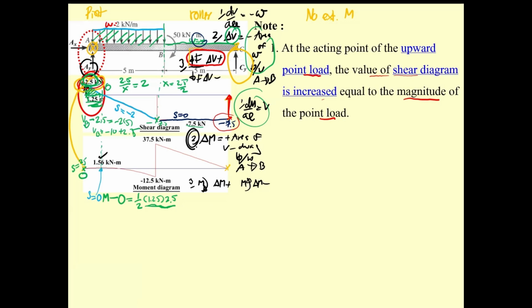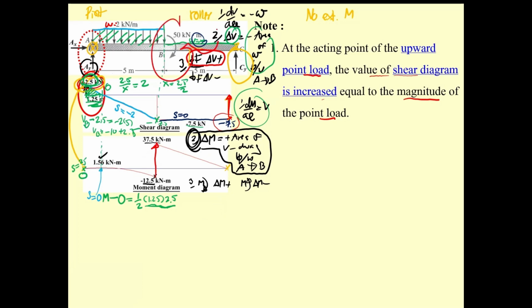And that's how you follow this note. Okay? This note. And then coming back over here, this is minus 12.5. This is going to be 37.5. What will be the moment from negative to positive?